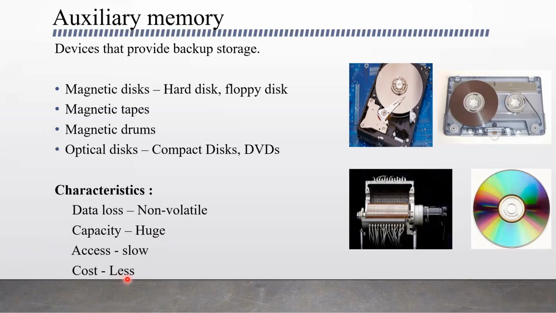And the cost is less. The cost generally depends on the speed, because when the memory is high speed, the cost also increases. Here the cost is less compared to the other memory units such as main and cache memory. They are very fast and expensive. These are the characteristics.